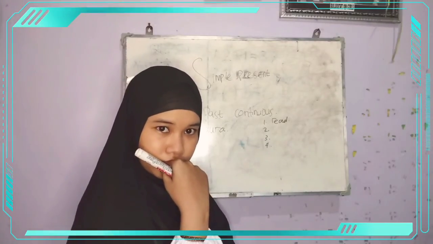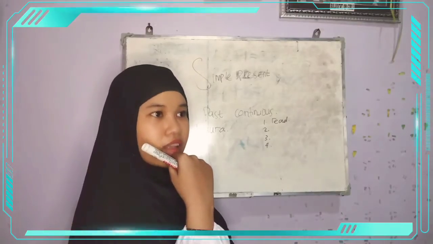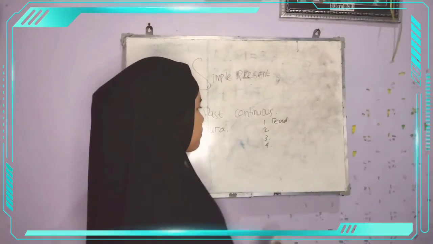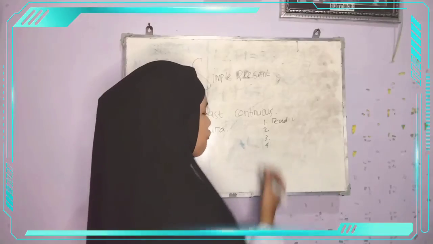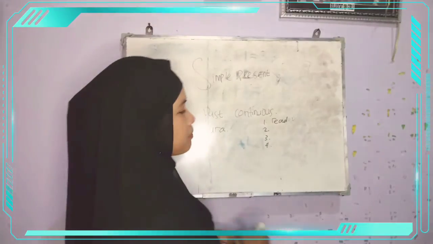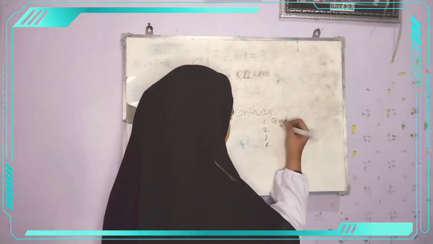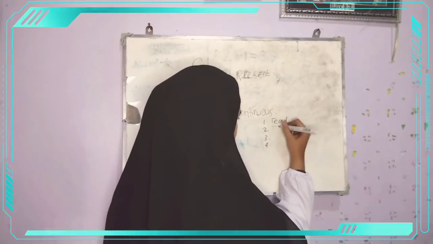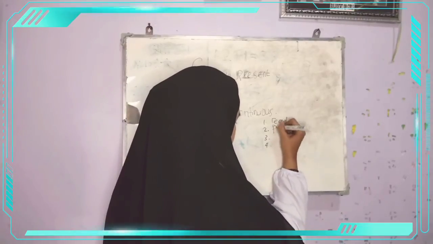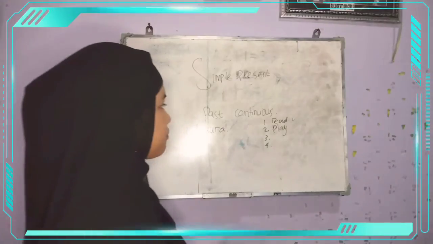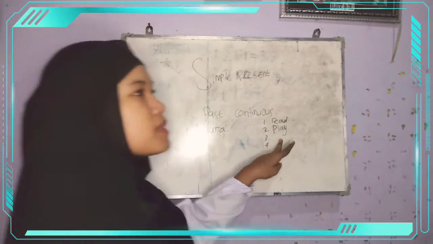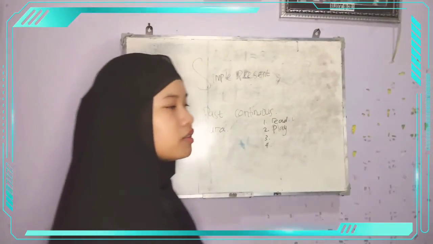Simple present is an activity that we do every day, and the example is like I read the Quran every day. For the second, the verb is play. Oh my god. Play. Play, verb in simple present continuous.